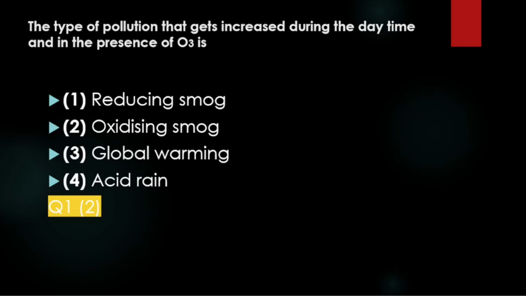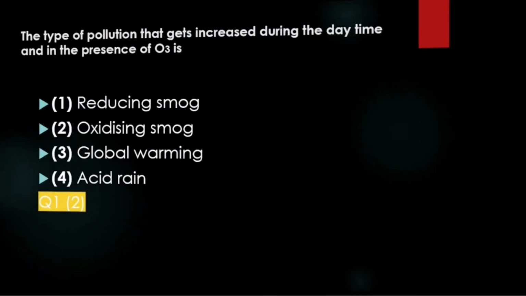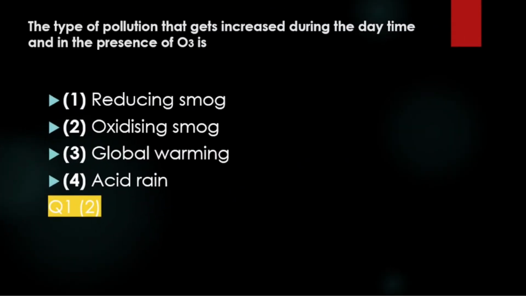Here ozone has been given, and we also read about unsaturated hydrocarbon compounds and compounds of nitrogen. So here it has been asked about ozone. How will we answer this question?